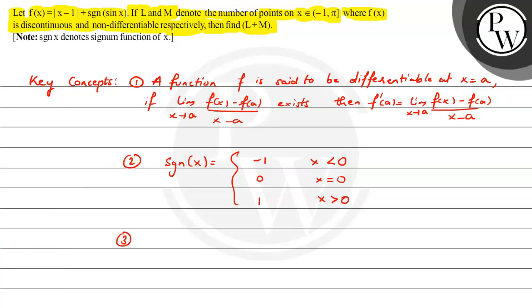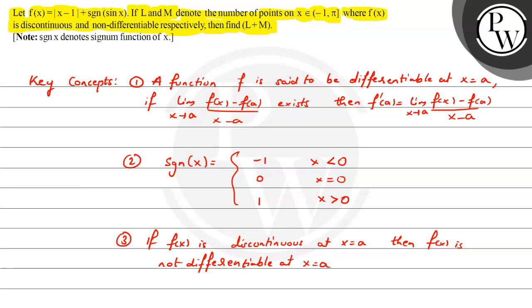The third key concept is the converse of the statement differentiability implies continuity, and that is, if f(x) is discontinuous at a point x equals a, then f(x) is not differentiable at that point, that is x equals a.